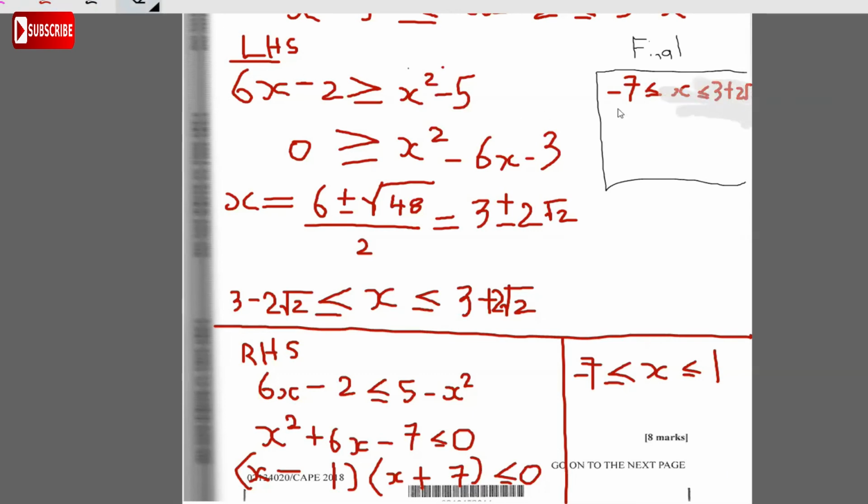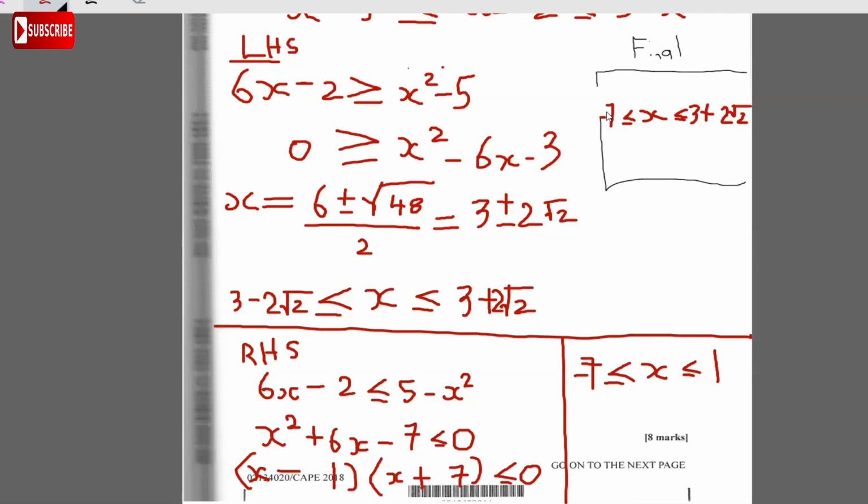I want to write it so it's a little more clear. x is less than or equal to 3 plus 2 root 2, and it is greater than or equal to minus 7.